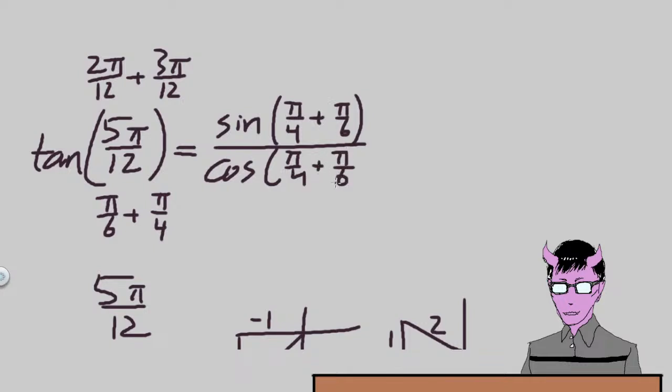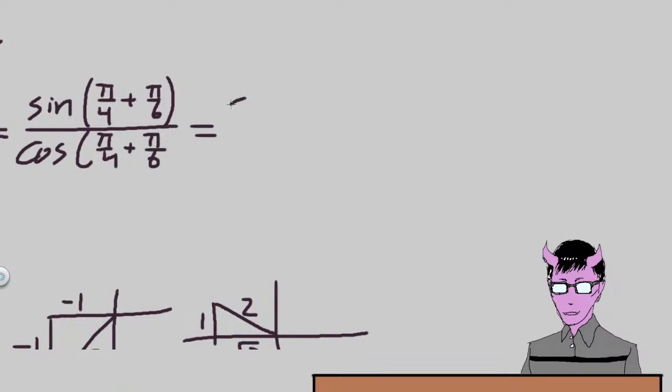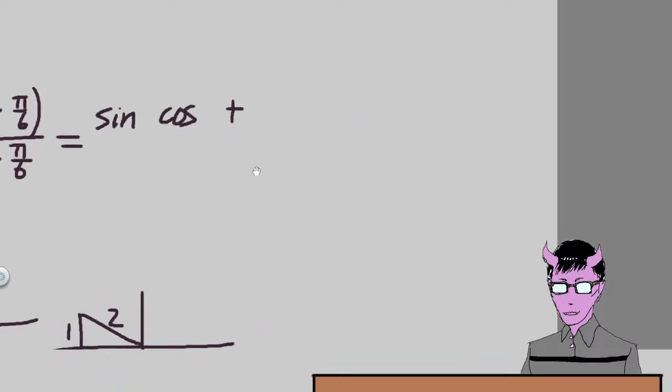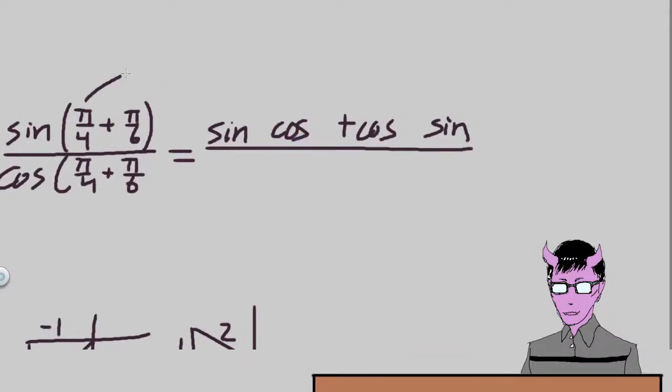Alright, let's make sure this is correct. That is indeed correct. And then doing the expansion: sine, cosine, cosine, sine, plus, plus. Term number 1, term number 1, term number 2, term number 2.